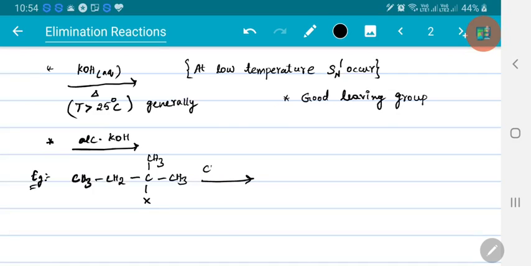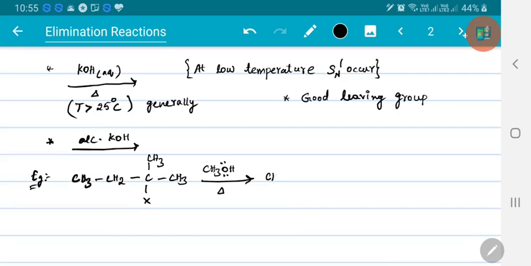If I take CH3OH as a solvent, then instead of X you will get methoxide, and you will get a racemic mixture, because that is an SN1 reaction. But when you heat it, it leads to elimination reaction. If I don't heat it, it leads to substitution reaction. When we heat it, it leads to elimination reaction.